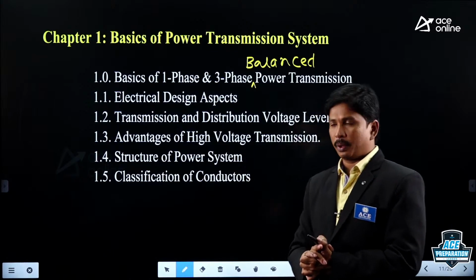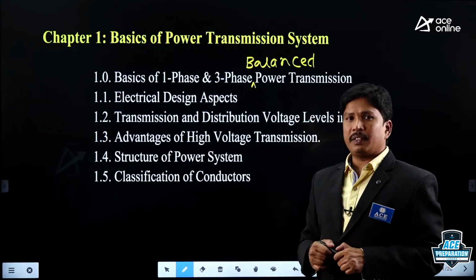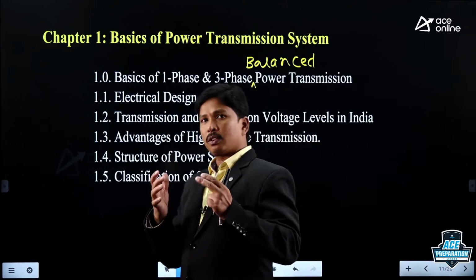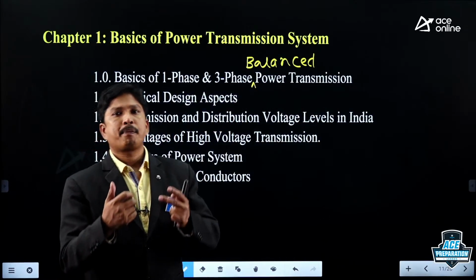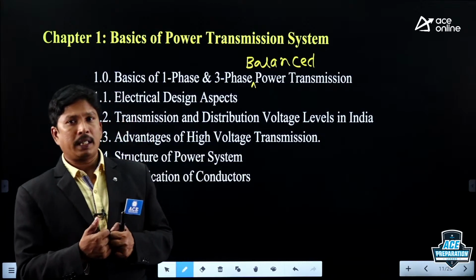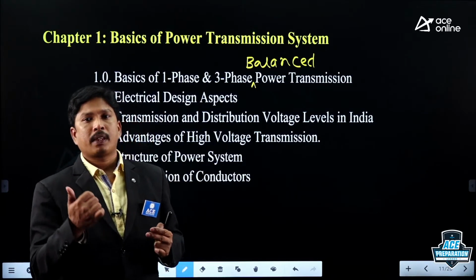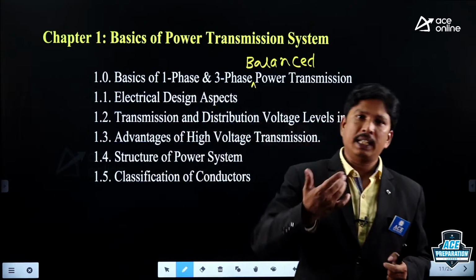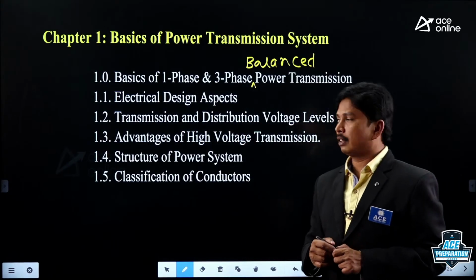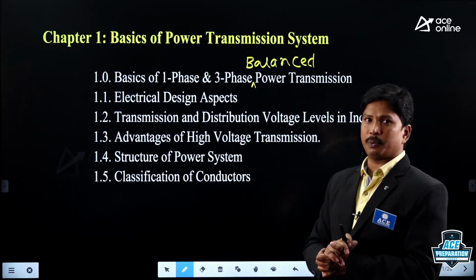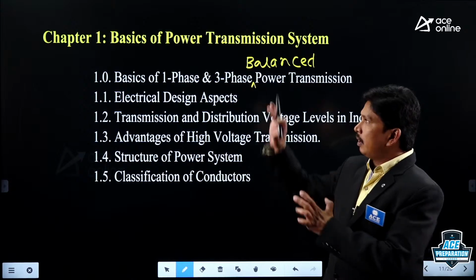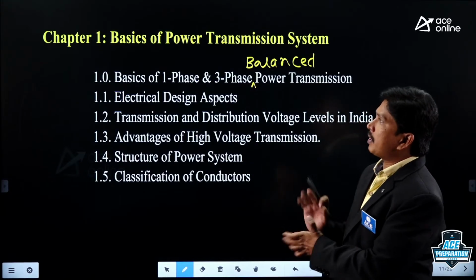And coming to the classification of conductors, we will see the solid conductors, all aluminum conductors which are homogeneous conductors, composite conductors which are ACSR conductors, and bundled conductors and hollow conductors. So these are the classification of conductors we can see in that complete first chapter. Clear? So this is the first chapter.